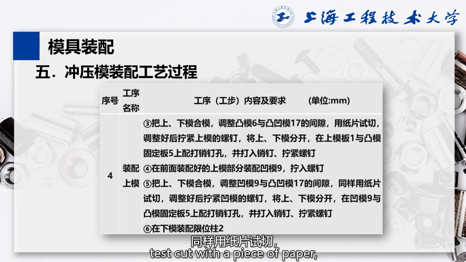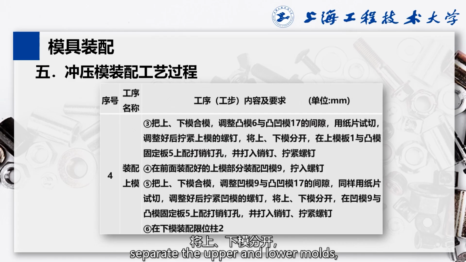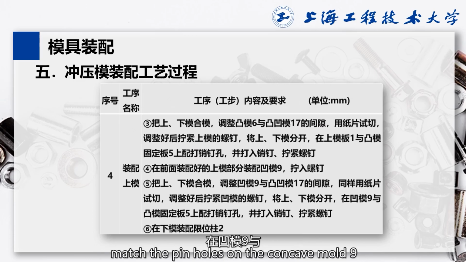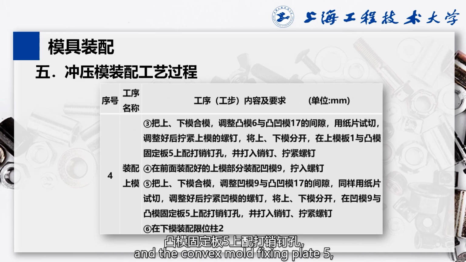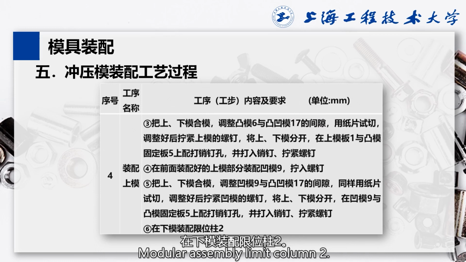Test cut with a piece of paper. Adjust and tighten the screws of the concave mold. Separate the upper and lower molds. Match the pinholes on the concave mold 9 and the convex mold fixing plate 5, and insert the pin and tighten the screws. Modular assembly limit column 2.